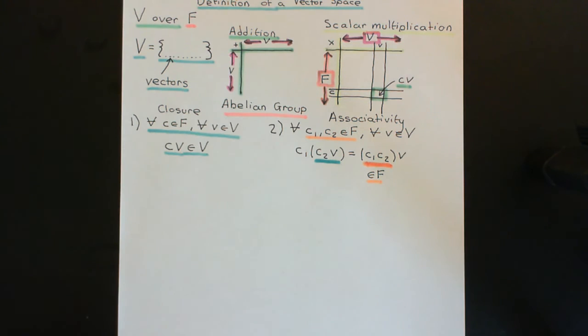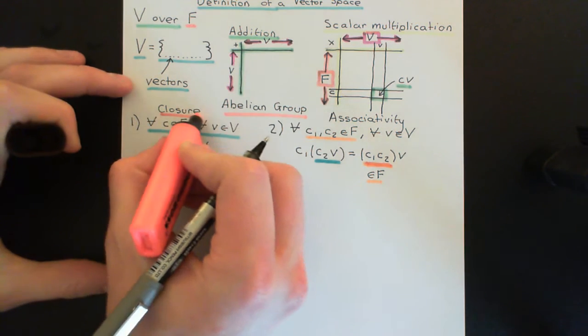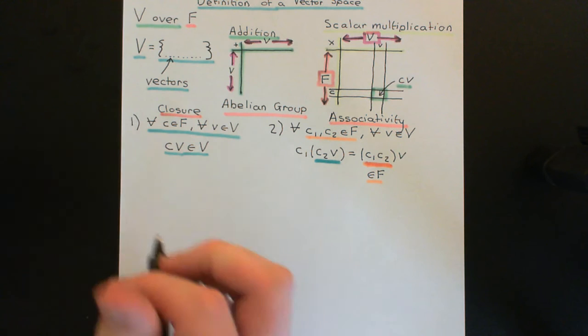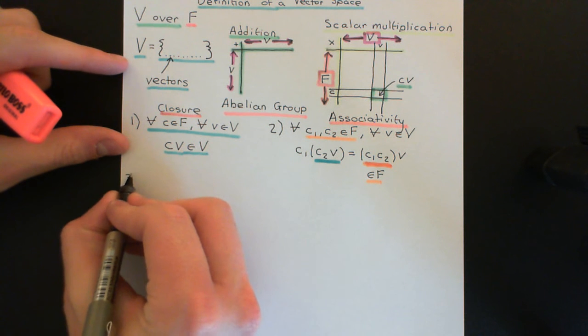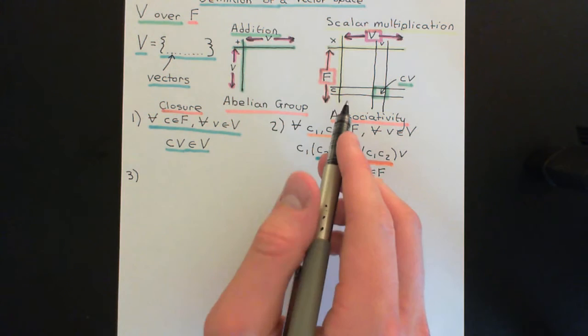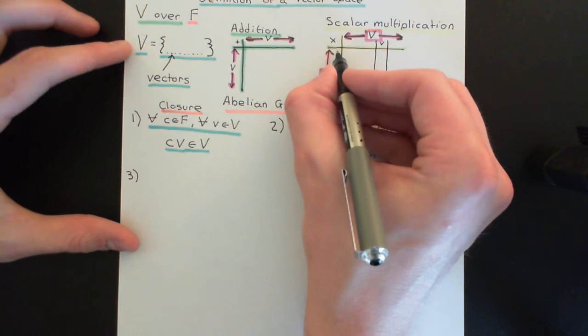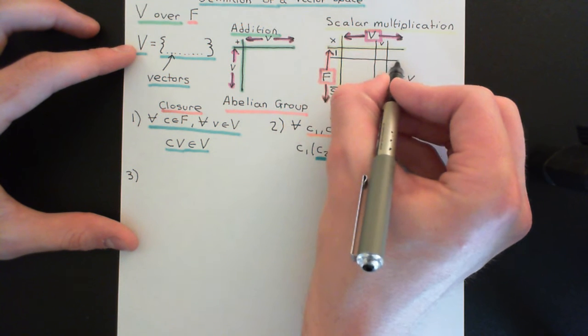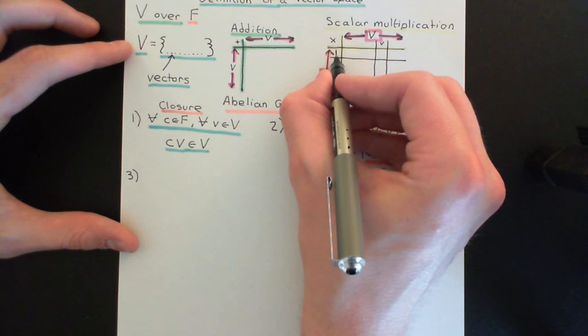Now let's move on to the third axiom that this scalar multiplication composition table must obey. Axiom number 3 concerns the multiplicative identity of the field. I'll put this on my picture. The field will have a multiplicative identity which will be denoted 1.